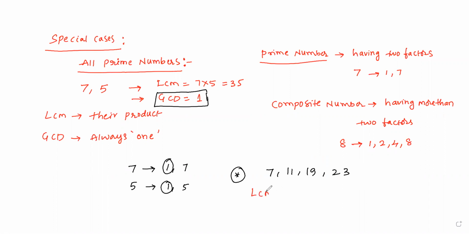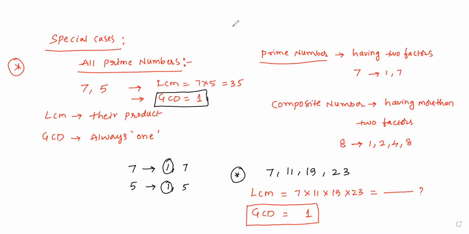So we can say that LCM here becomes 7 times 11 times 19 times 23, whatever answer you get. But GCD is always 1, however many numbers you take, when the given numbers are all prime numbers. LCM becomes their product. Okay, this is the first special case we have to observe. Please note.